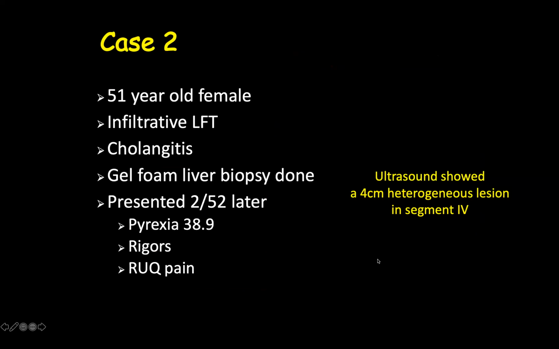Anyway, to cut a long story short, she presented 2 weeks after this biopsy, which unfortunately failed to reveal any infiltrative disease or help them to manage the patient, with rigors and right upper quadrant pain. And the ultrasound showed a 4 centimeter heterogeneous lesion somewhere in about segment 4.